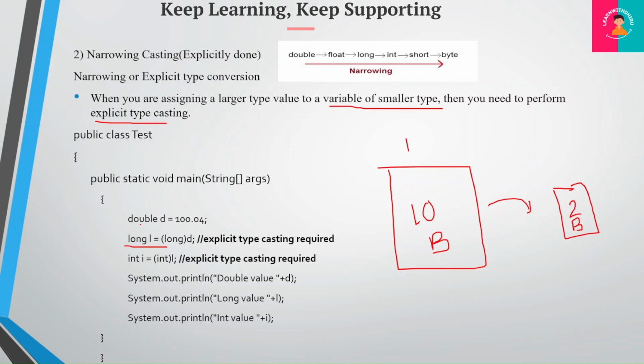Here you see, I'm declaring a double d, where d is the variable name, with value 100.0. Long l is another variable declared of type long, and I'm converting d from double into long. Explicit typecasting is required. Here you see, I'm writing the code.